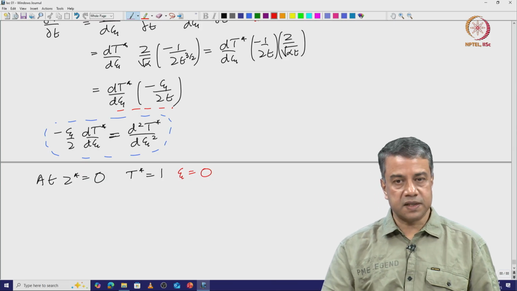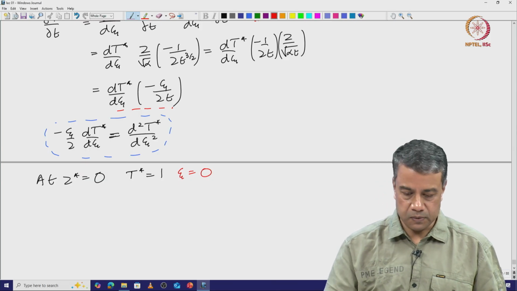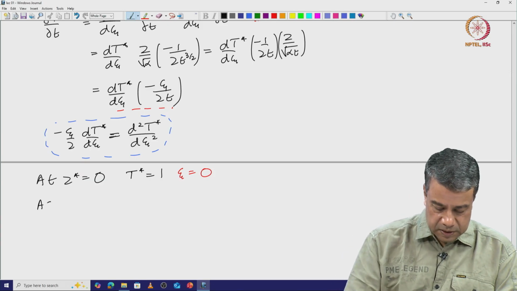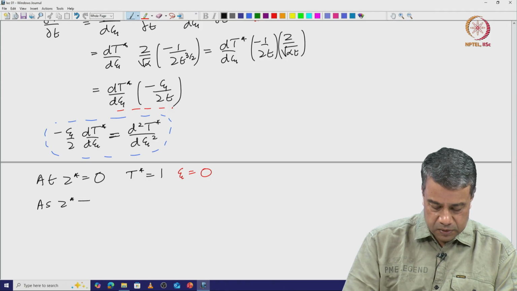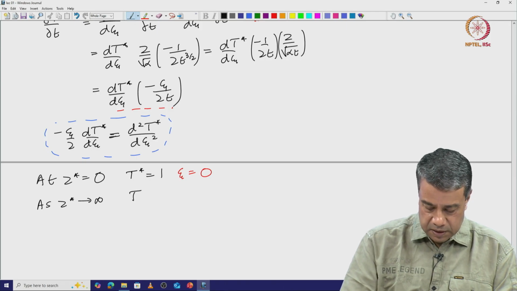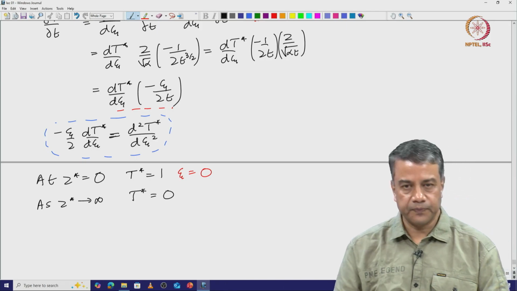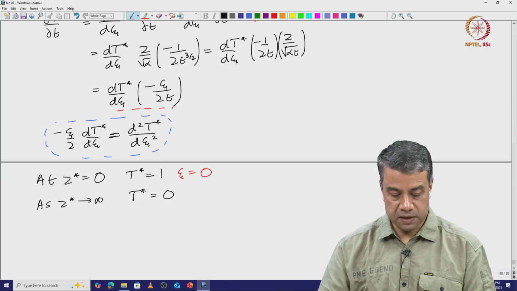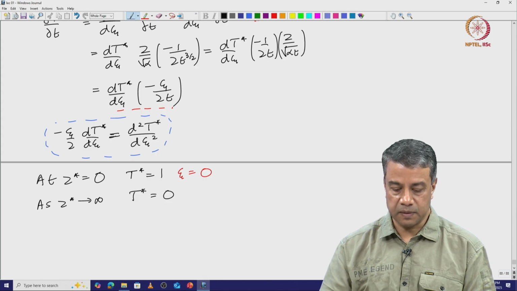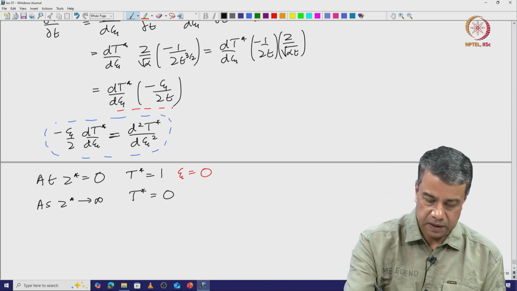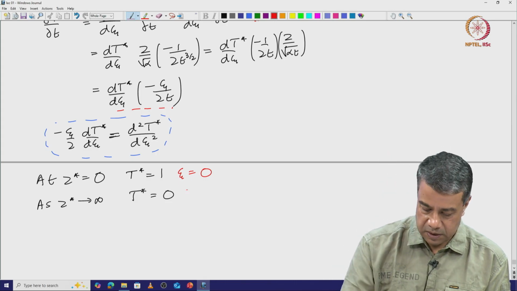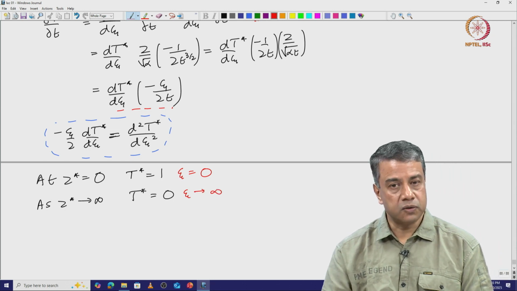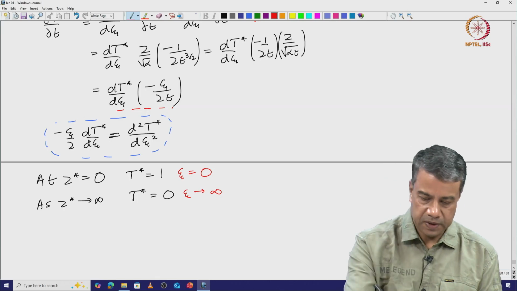So, at psi is equal to 0, the temperature is equal to 1. Then as z star goes to infinity, T star is equal to 0. Z star going to infinity is equivalent to psi going to infinity, because psi is z by root alpha t. Those are the two boundary conditions.